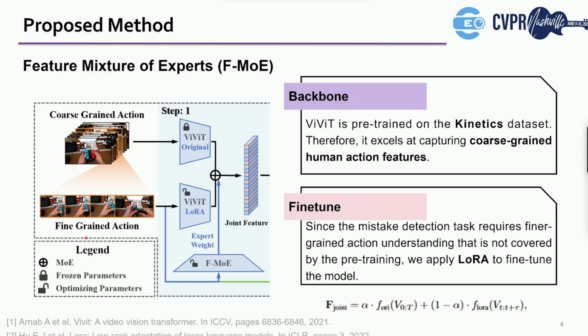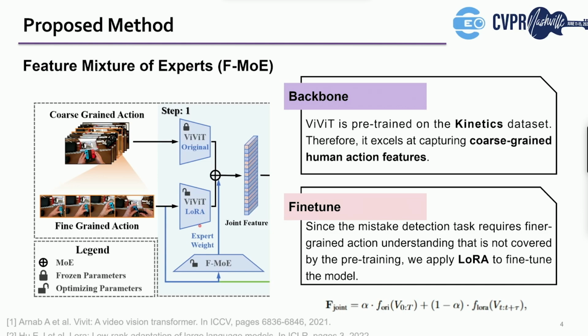We use ViViT as a backbone for video feature extraction. ViViT is pre-trained on the Kinetics dataset, so it's really good at capturing coarse-grained human actions. However, mistake detection needs fine-grained understanding, which Kinetics doesn't cover well. So we use LoRA to fine-tune the model for this specific task.